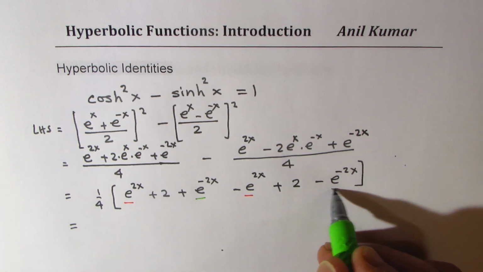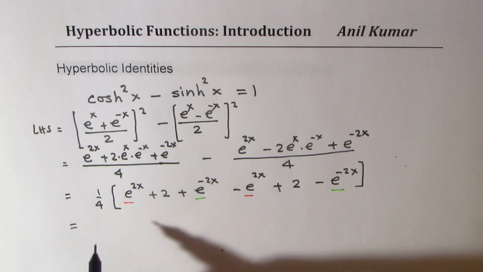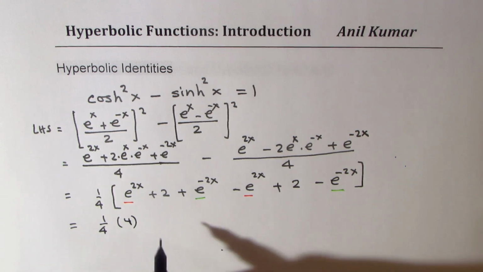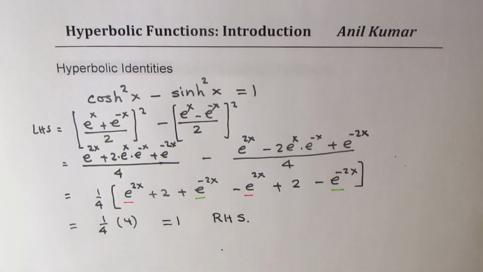So we are left with just 4 inside the bracket. 2 plus 2 is 4. So we're left with 1 over 4 times 4, which is indeed equal to 1, and that is the right hand side. Correct? So using these basic exponential equivalents of hyperbolic functions, you can prove all the identities. So as an exercise, you can try the others. I hope that makes sense.